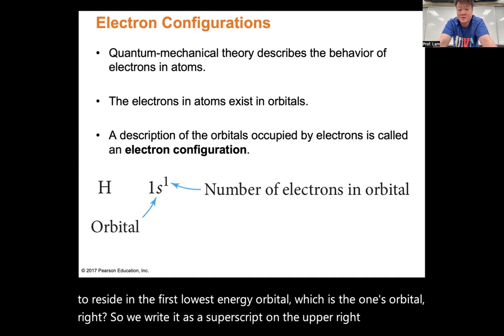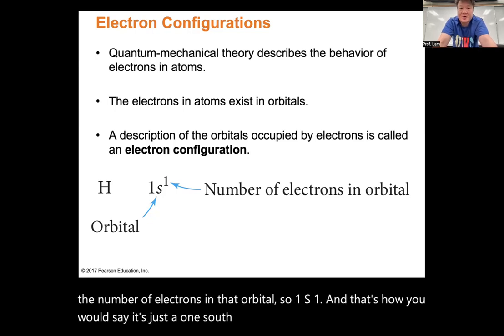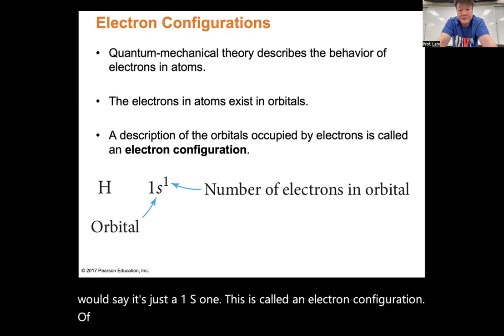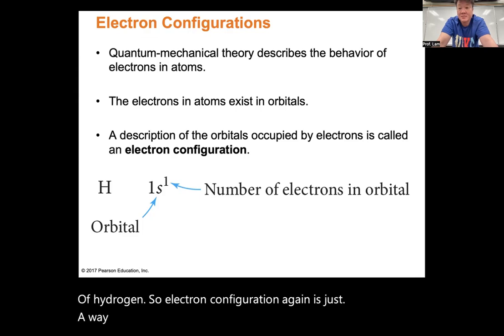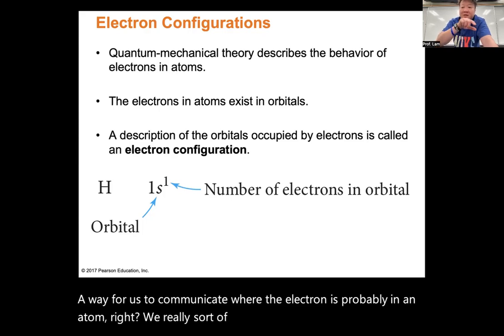So 1s1, and that's how you would say it. This is called the electron configuration of hydrogen. Electron configuration, again, is just a way for us to communicate where the electron probably is in an atom. We're really mapping out the electron placement within the atom.